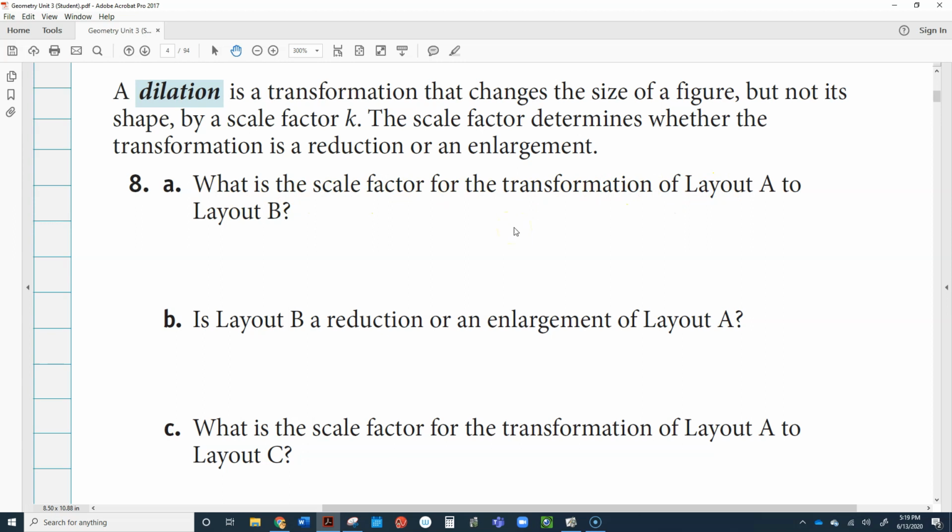So we already said that it halved, right? So I'm going to say K, and that's probably not the best way to write it. This is supposed to be a lowercase script K. That's really ugly too. Let me try again. There we go. So that's a K. The K is 1/2. And then it says, is layout B a reduction or an enlargement? It was a reduction. It got smaller.